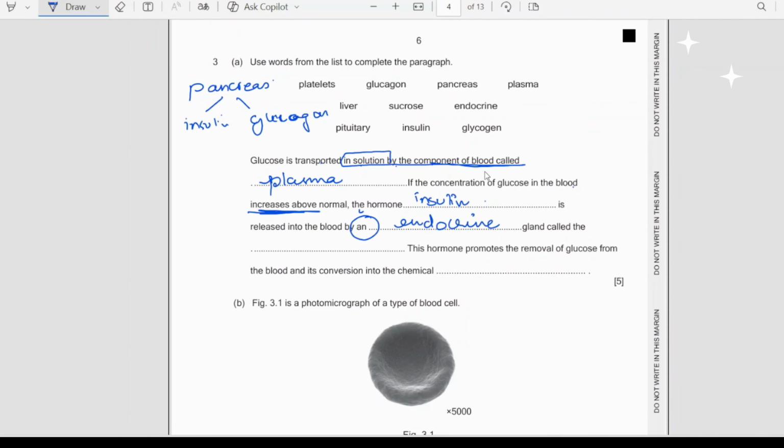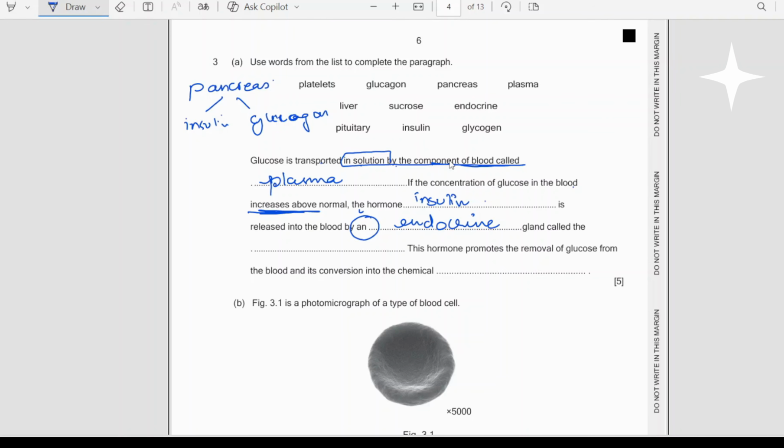Okay, what is the difference between endocrine and the nervous system? The nervous system works through electrical impulses. And what about the response?